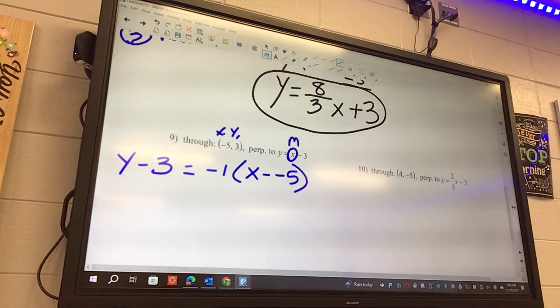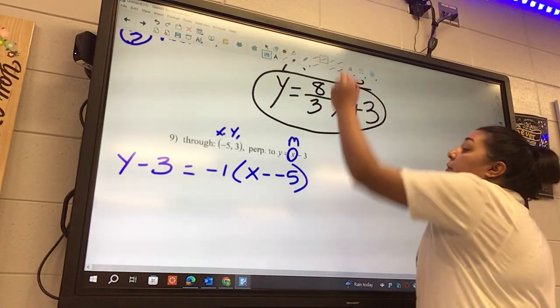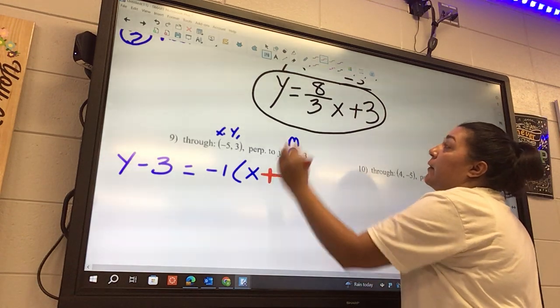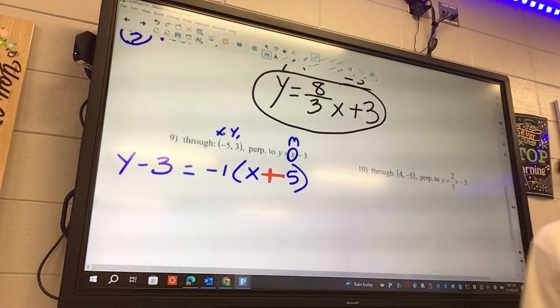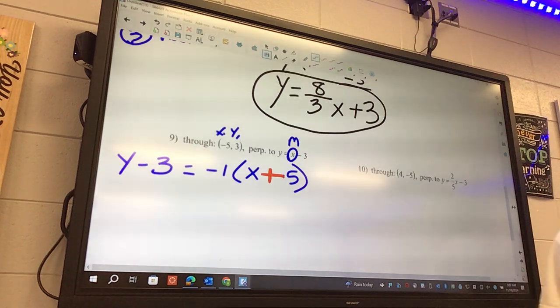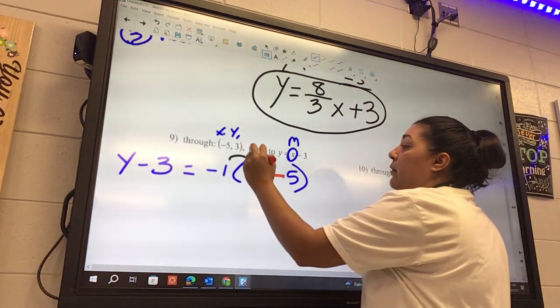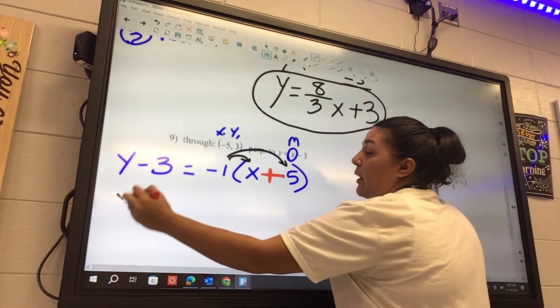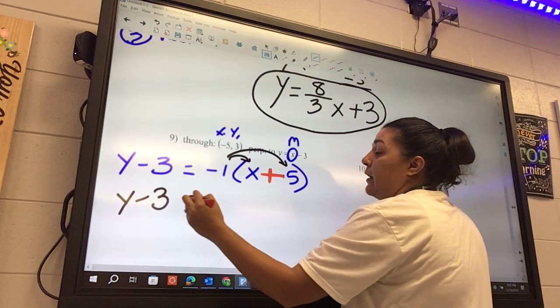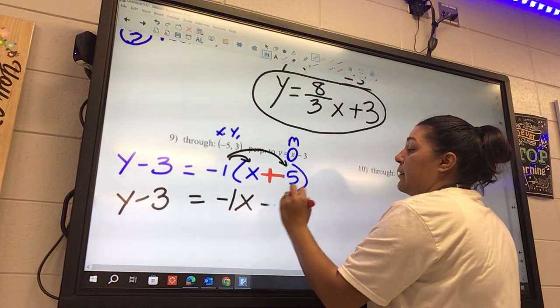Okay, and then what needs done? Change the negatives first. Then distribute. So you've got y minus 3 equals negative 1x minus 5.